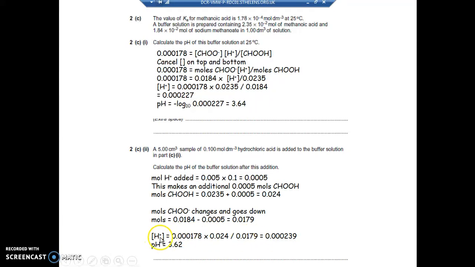So I recalculate H plus concentration and I recalculate pH, which is minus log to the base 10 of it. 3.62. Well, I've just added some acid, so it's going to bring it down from 3.64, but the buffer resists, tries to prevent the pH changing very much at all, and it has. It's gone down slightly, but not very much at all.